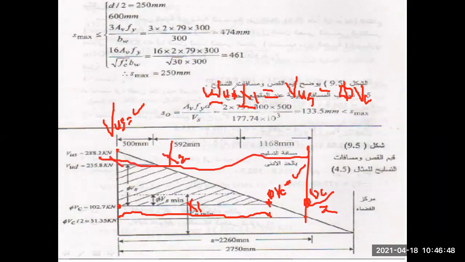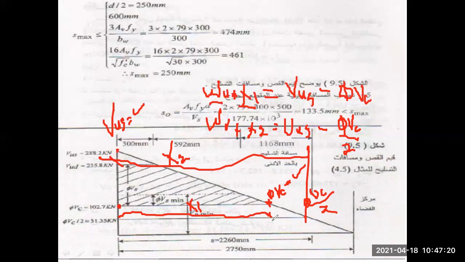The same way. W times X2 is equated to the difference between Vus minus Vc over 2. At this point it would be Vc over 2. So this is how we calculate easily, of course, if the shear force distribution is triangular, we can calculate it this way, okay?